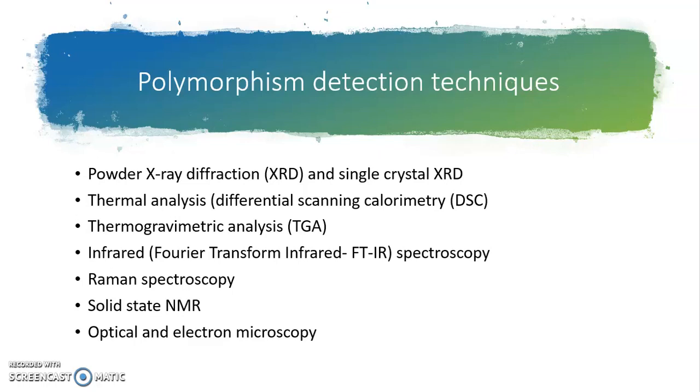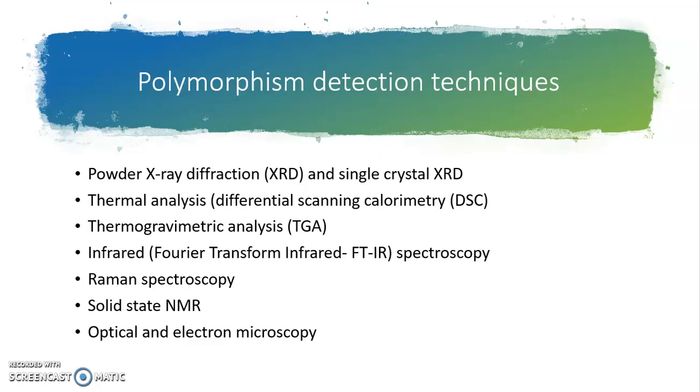behind these different techniques. So students, in case of powder X-ray diffraction, the crystalline materials give characteristic X-ray diffraction patterns, and based on the peaks in the X-ray diffraction patterns, we can identify the polymorphs depending on the position and the intensities of the peaks.